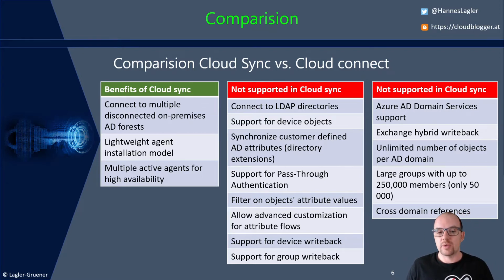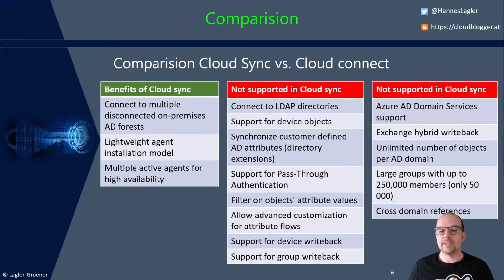Azure Active Directory Domain Services is not supported. So when you want to use Azure Active Directory Domain Services in the cloud to achieve Kerberos authentication, it's not supported with Cloud Sync. Exchange Hybrid write-back is not supported. So if you want to use Exchange Hybrid, this is a breakpoint to say, okay, not Cloud Sync, we go to Cloud Connect.